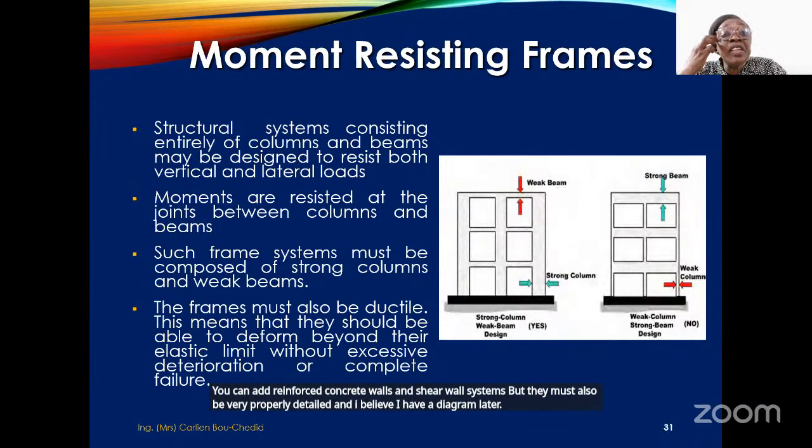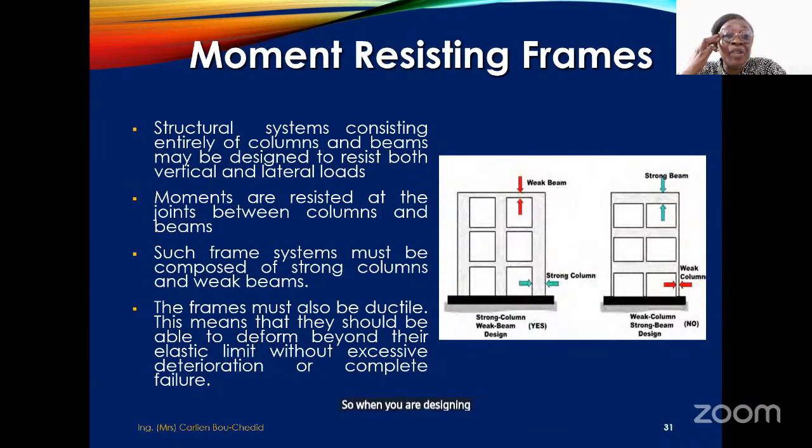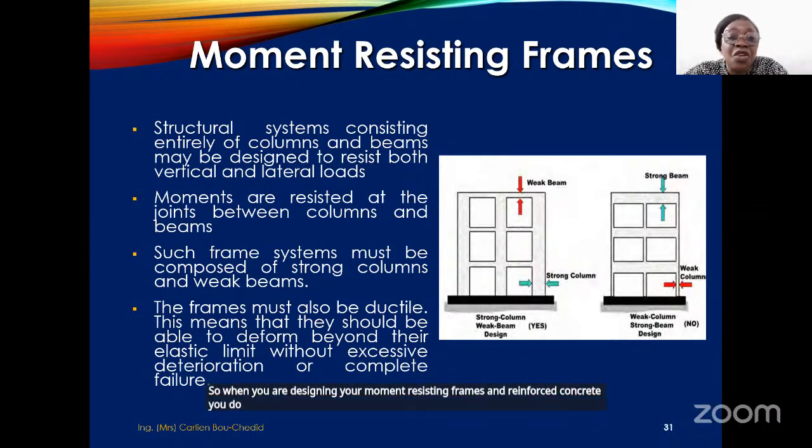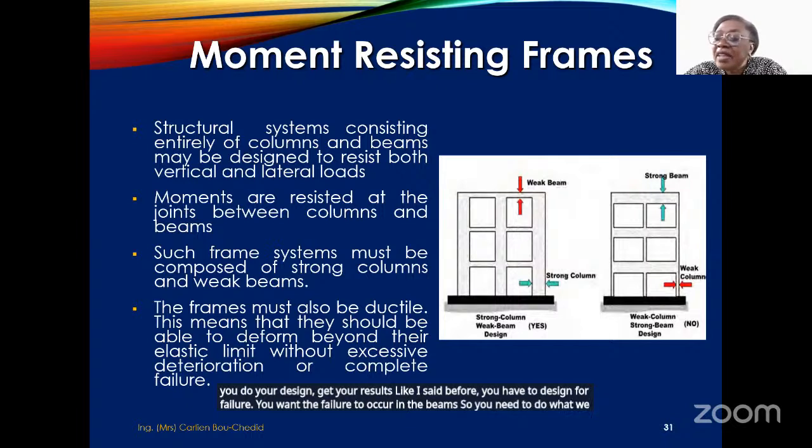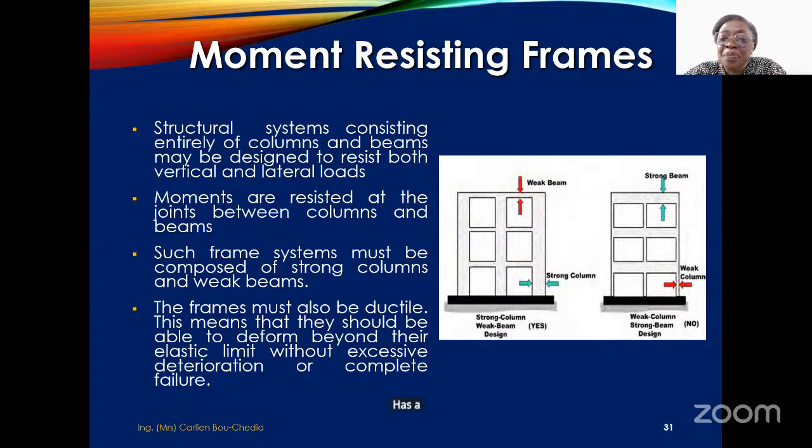So when you are designing your moment-resisting frames in reinforced concrete, you do your design, get your results, but like I said before, you are to design for failure, and you want the failure to occur in the beams. So you need to do what we call a frame that has a strong column and weak beam.